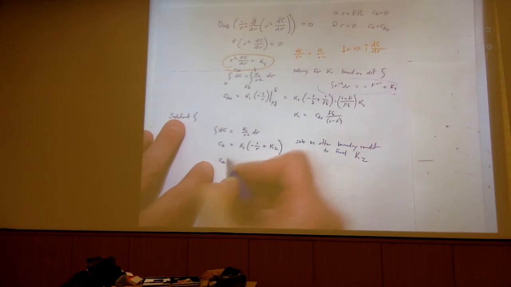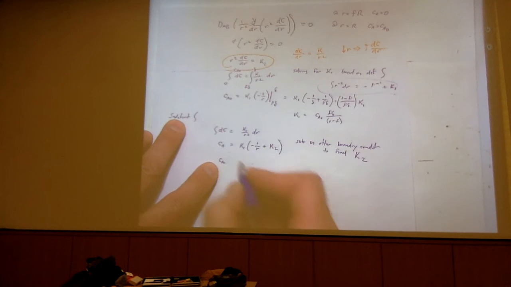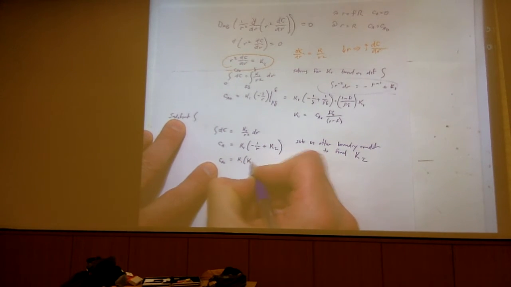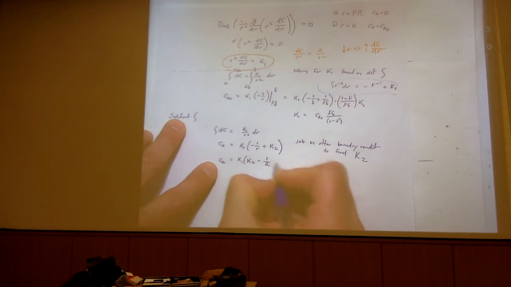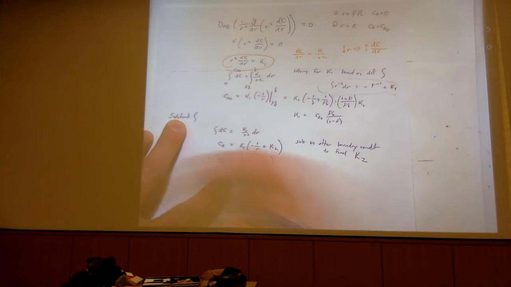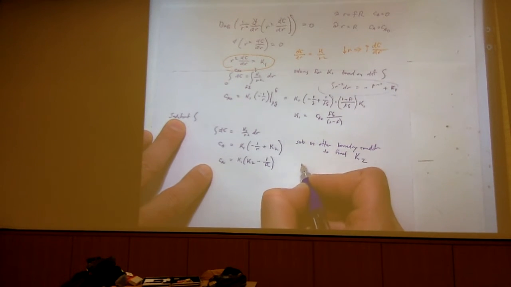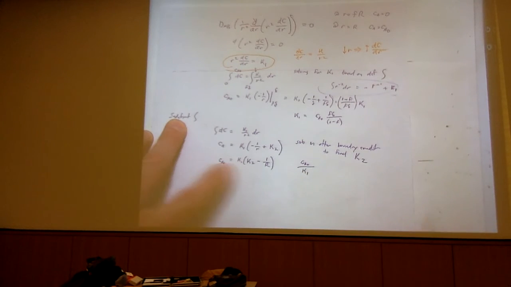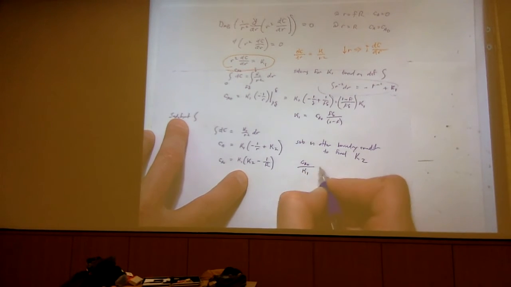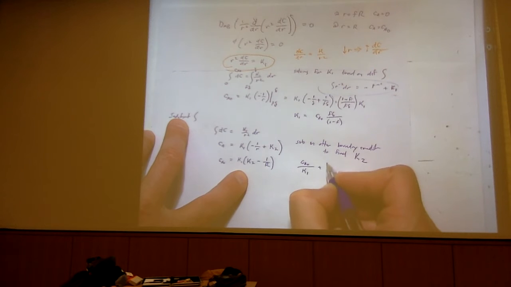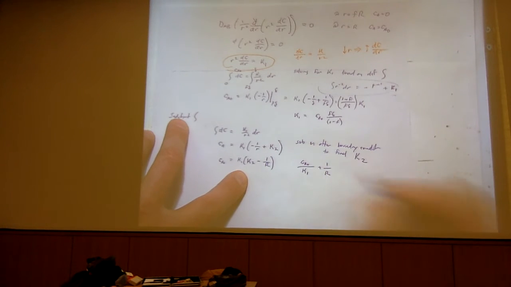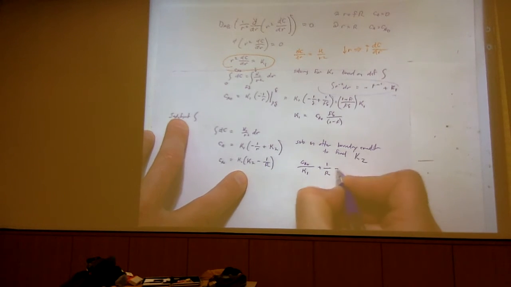CA0 is going to be where R is equal to big R, so that'll be equal to K1 times minus 1 over R, plus K2 over here. And so I can find the answer here by dividing through and get CA0 over K1 plus 1 over R equals K2.